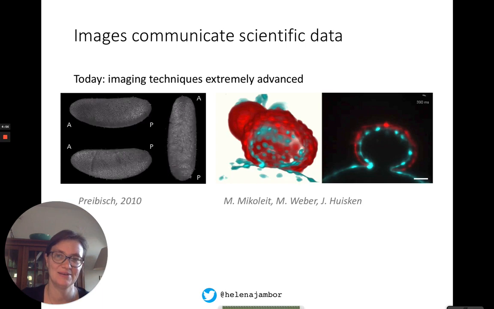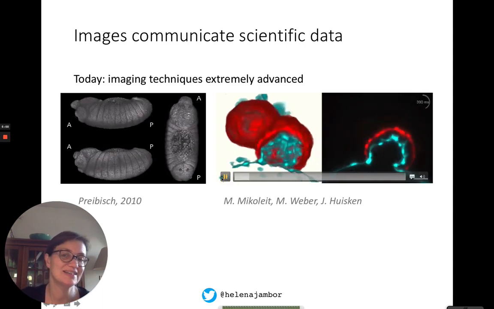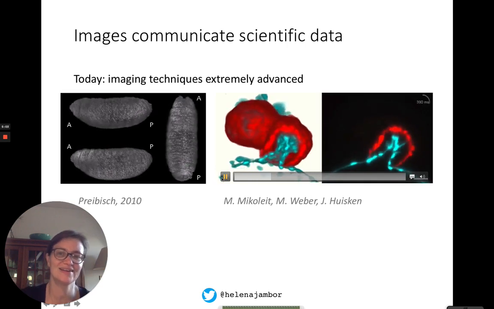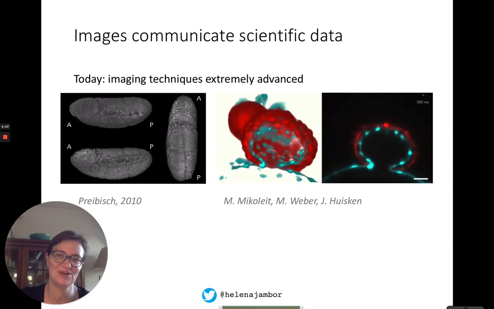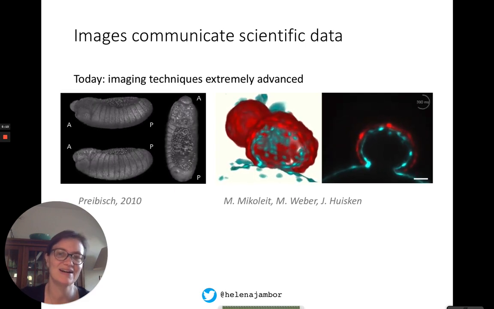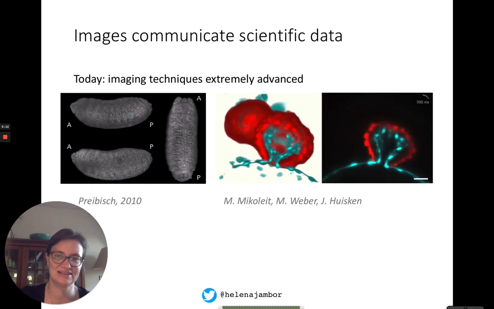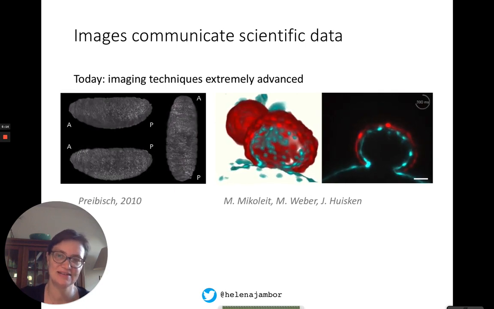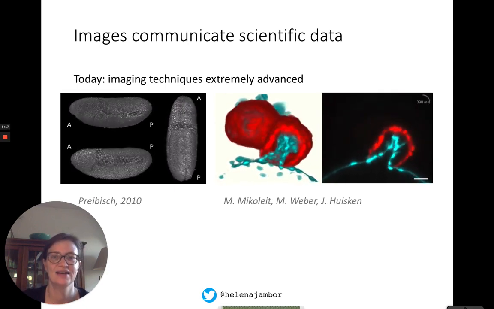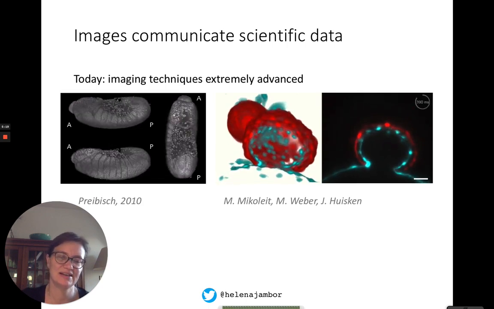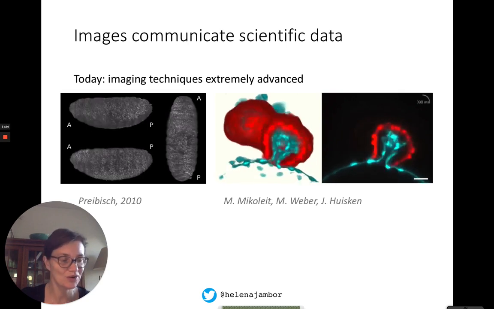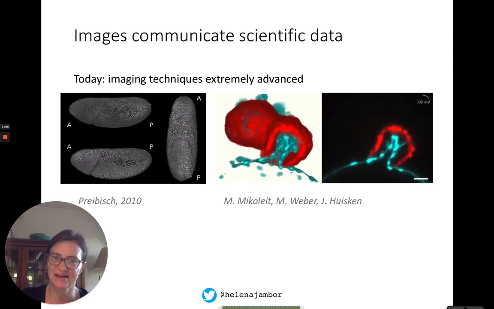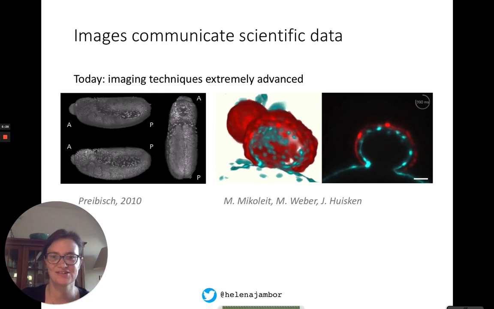So today the images are so advanced that we are able to observe the entire development of a fruit fly in a microscope in 3 dimensions, that we can see the heartbeat of a zebrafish heart, and we can see every single cell of blood that is passing through the heart. So the techniques have advanced massively.